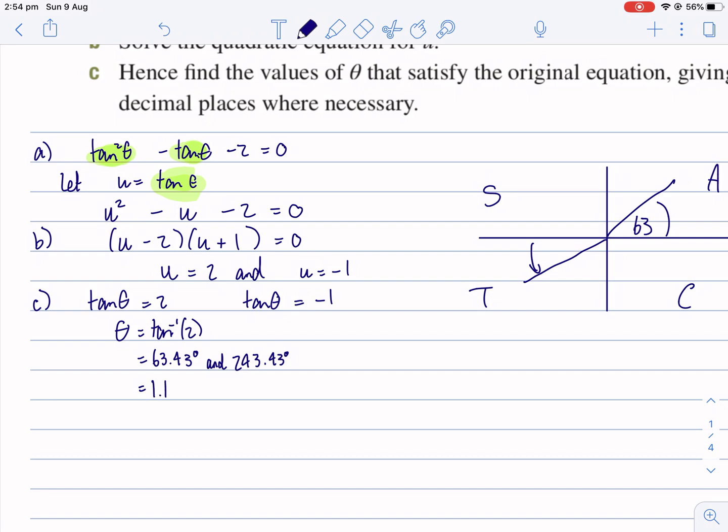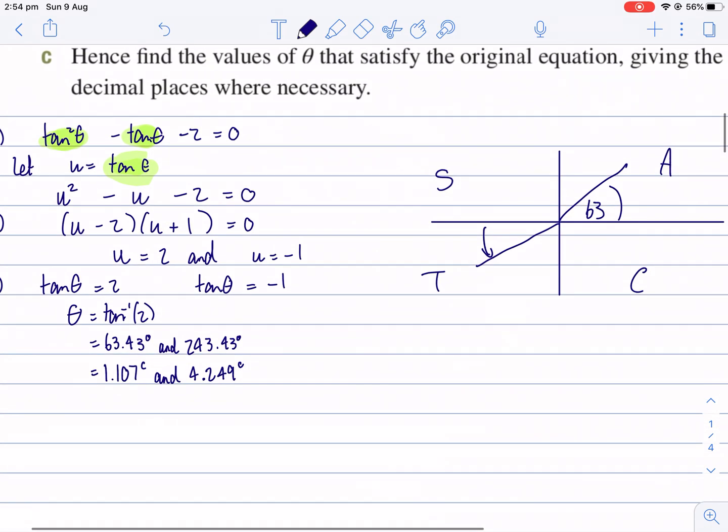So we've got 1.107 radians, and that plus pi, 4.249 radians.